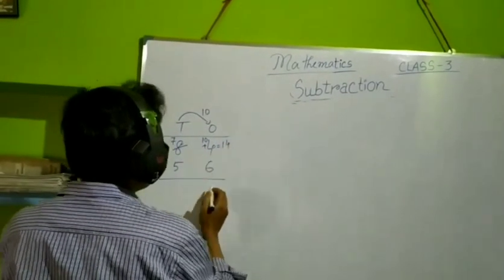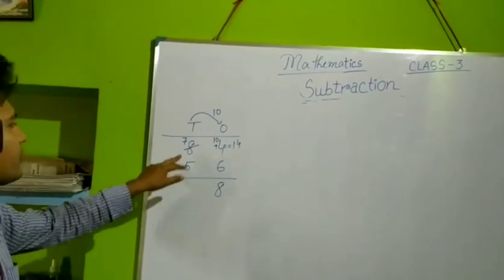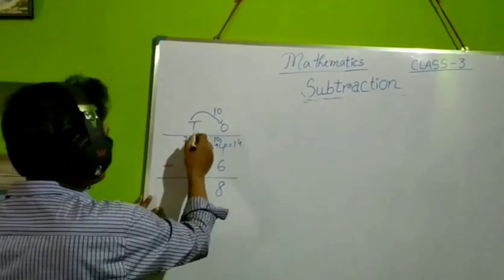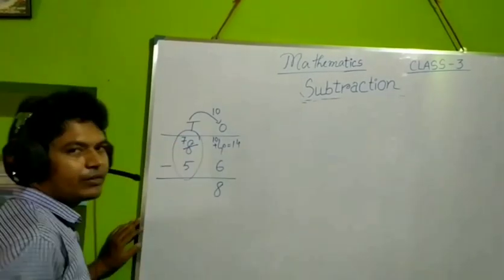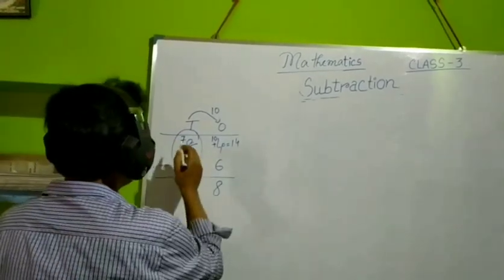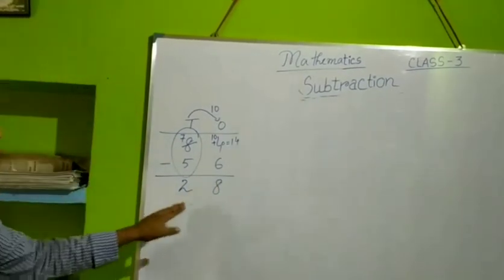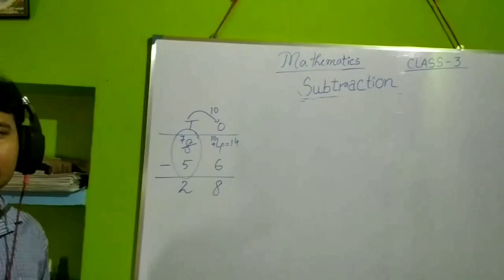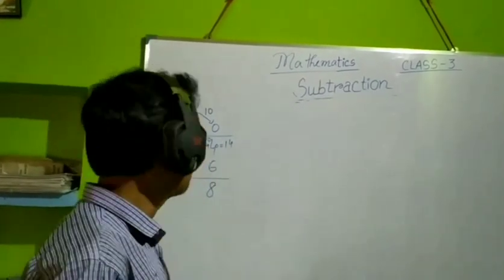So 14 minus 6 equals 8. Now you come to the tens place. At the tens place, we have to subtract 5 from 7. So 7 minus 5 equals 2. So we get the answer, that is 28.